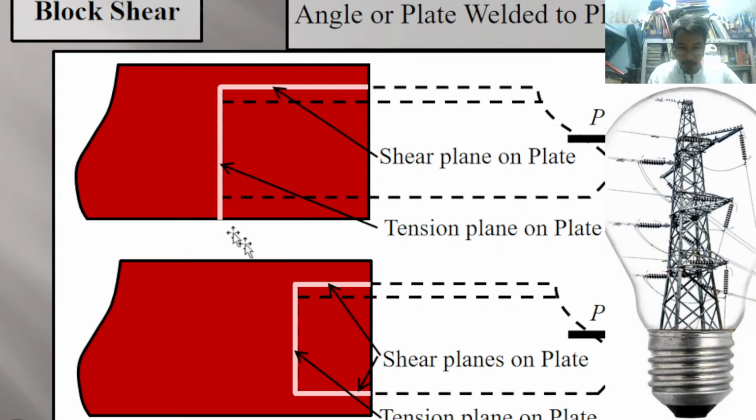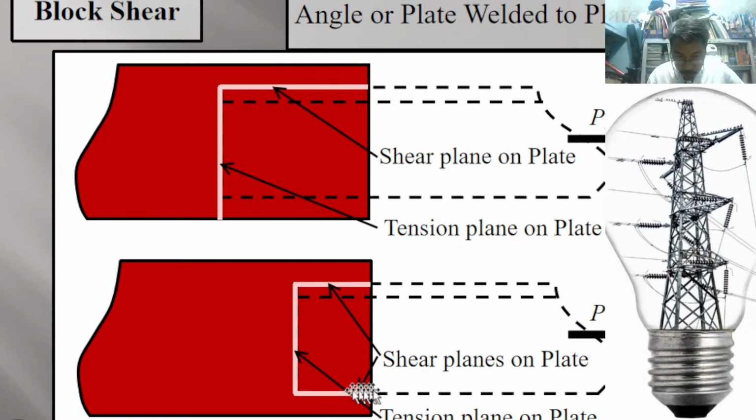Okay? Another possibility. The welding is located here, starting from this point, going down here and going up here. So this is the end point of welding that corresponds to this point.